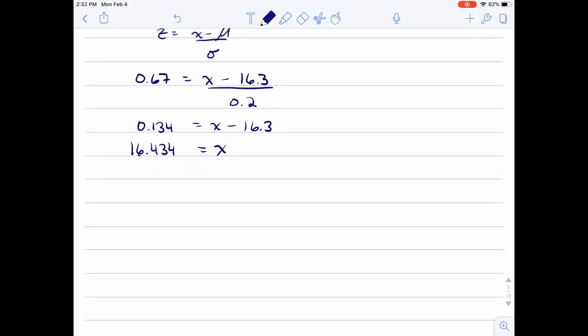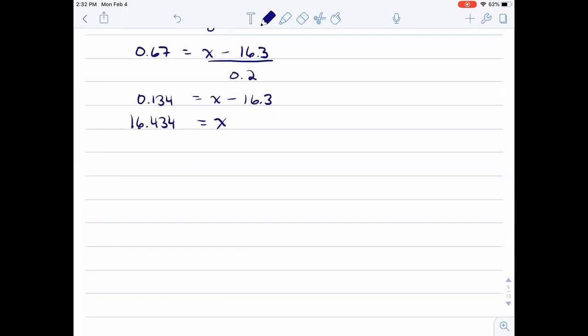Another formula that you could use, if you look at your formula sheet in 3.1, right? I've solved for x. I like just having one formula and solving for whatever I need from it. So personally, I don't like to have this formula.